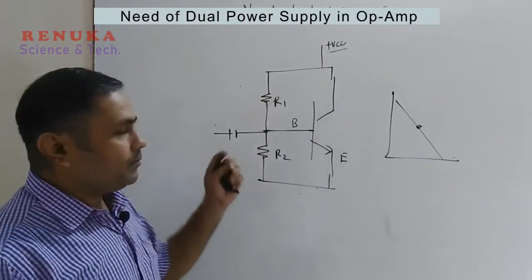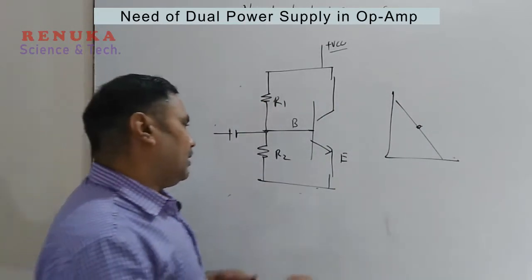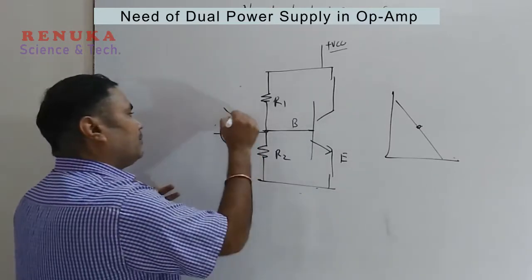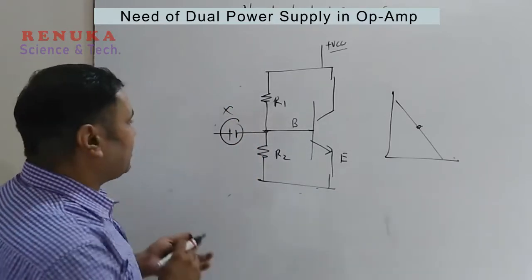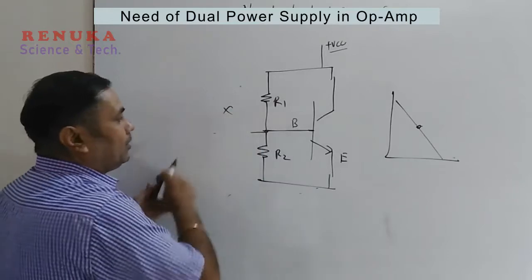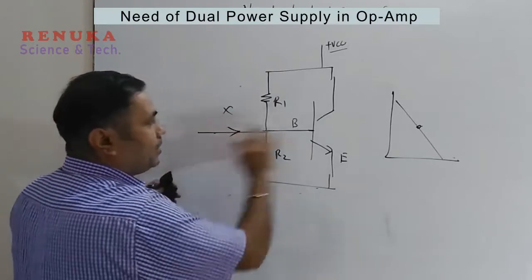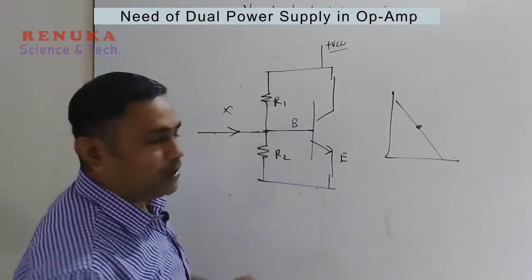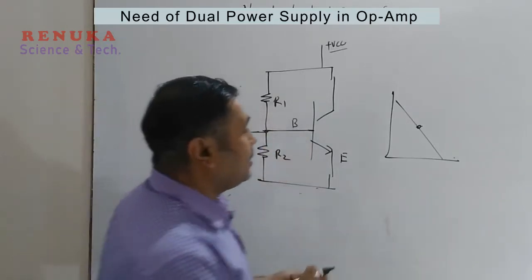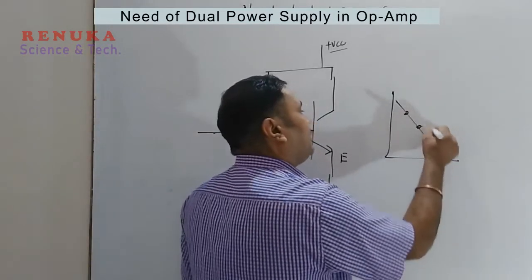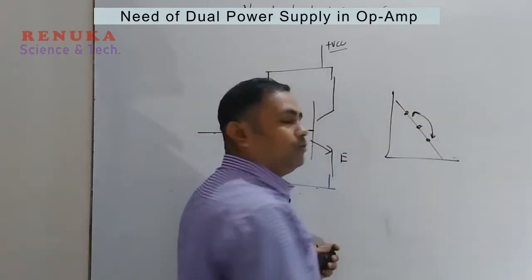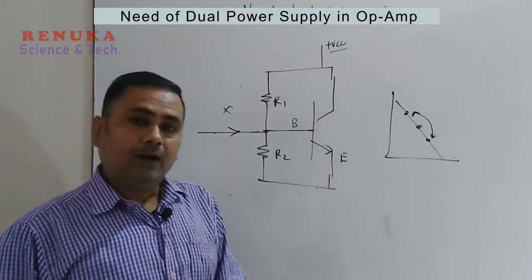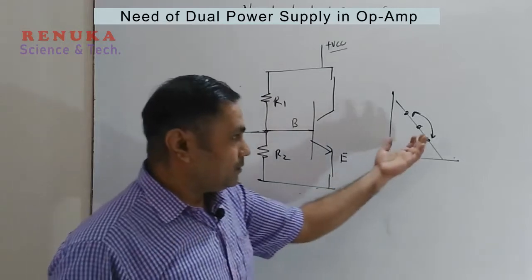But as far as the differential amplifier is concerned, it does not use any coupling capacitor. So if the coupling capacitor is not there, then the DC current will easily pass to the base of the transistor, and that will change the biasing voltage. And if the biasing voltage changes, the operating point can shift upward or downward.